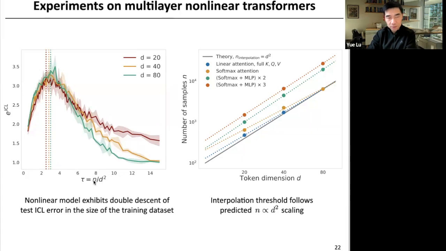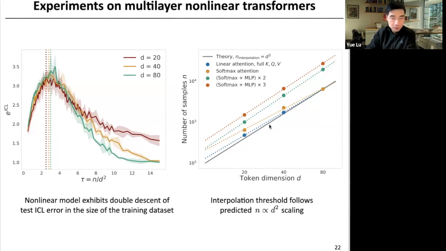Here n is the number of training samples and d is the dimension, so n should be proportional to d squared. This is the scaling that we used in the linear regime, but it also seems to be the right scaling for a nonlinear architecture. And for the figure on the right, we consider this so-called interpolation threshold to further verify whether n should scale as d squared.